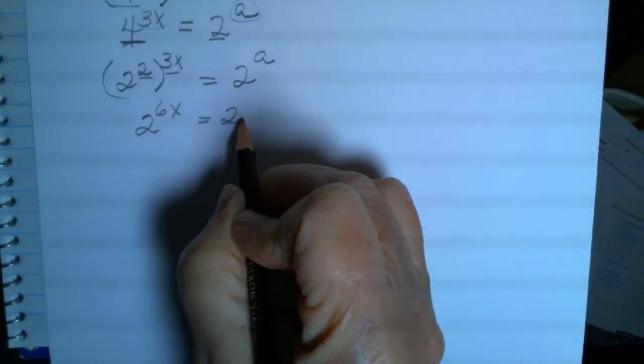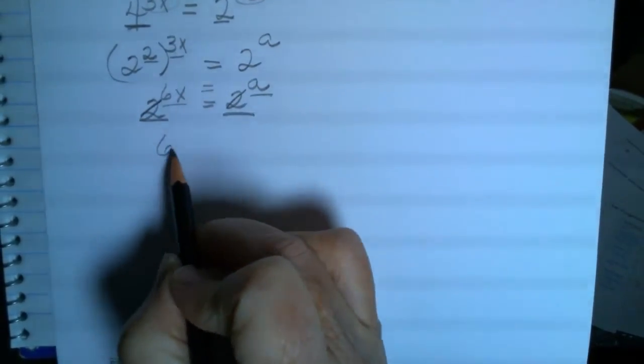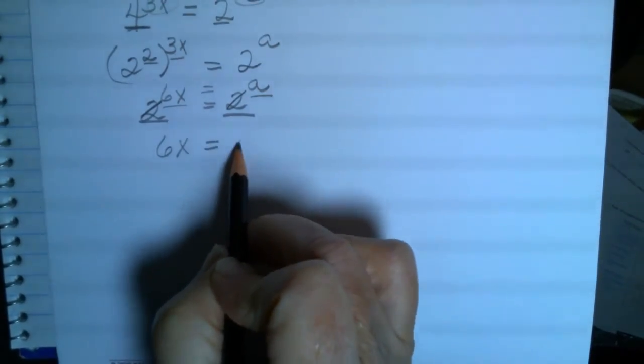So we're going to multiply 2 times 3x. So this is 2 to the 6x equals 2 to the a. Now that we have the same base, we just mark those out and we set up this equation. 6x is equal to a.